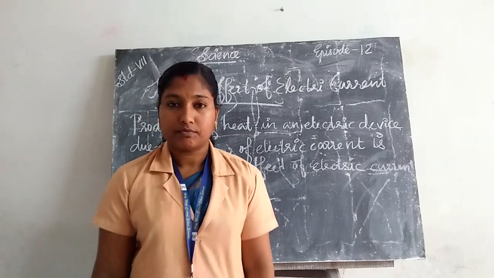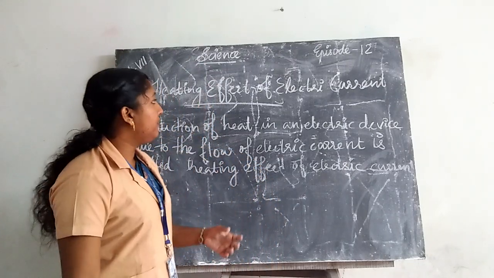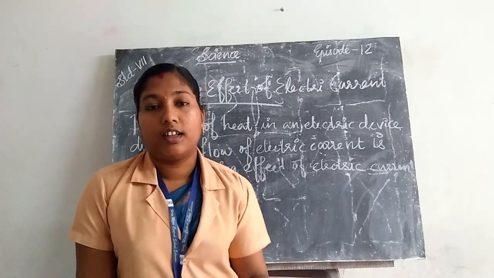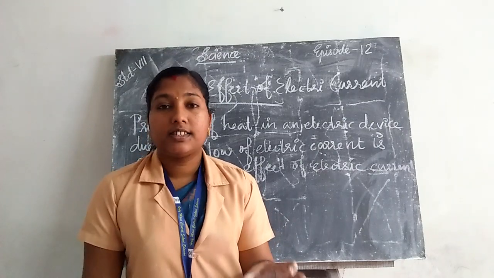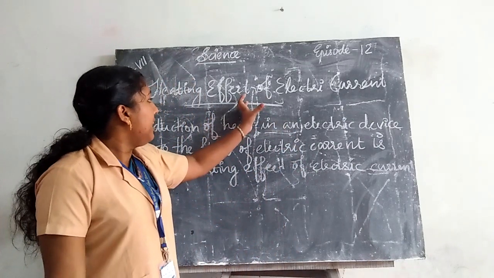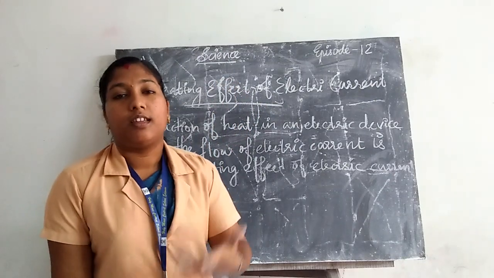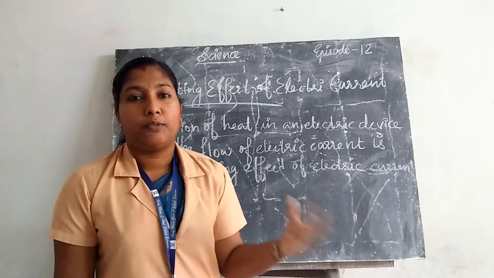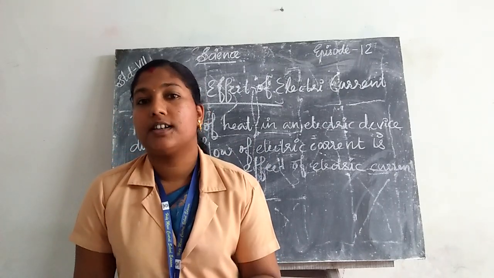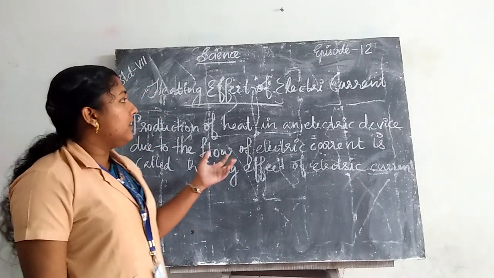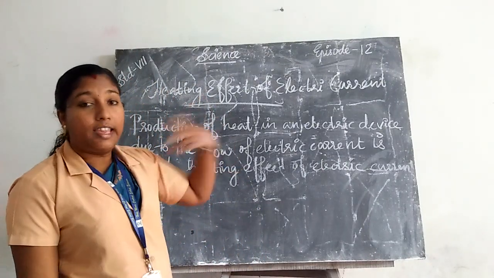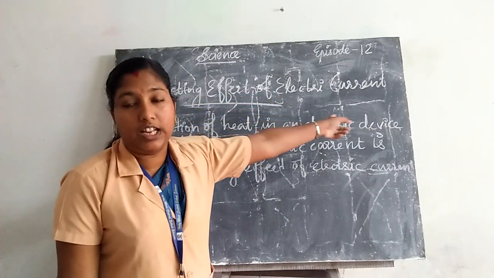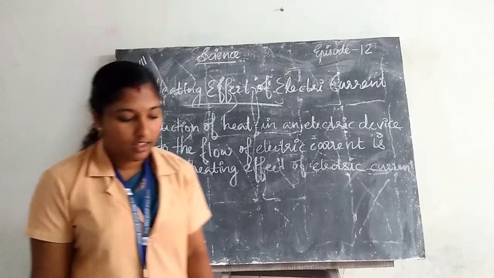It is also an example of the heating effect of electric current, because the appliance heats due to the flow of electric current passing through the device, and we get heat. So it works on the basis of the heating effect of electric current.